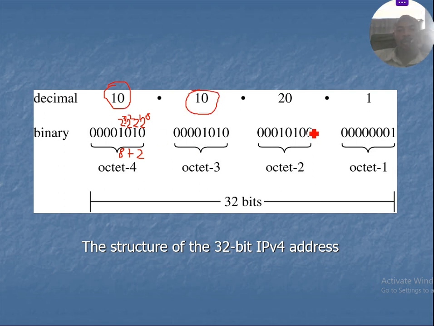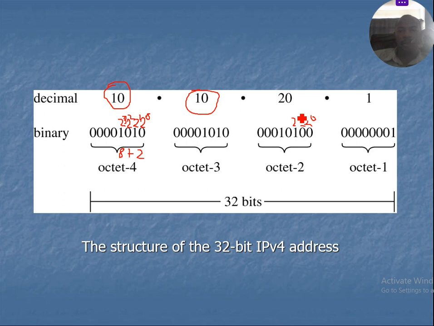Let's take a look at this. The first one is 2 to the power of 0. This other one is 0 times 2 to the power of 1. This other one is 1 times 2 to the power of 2.